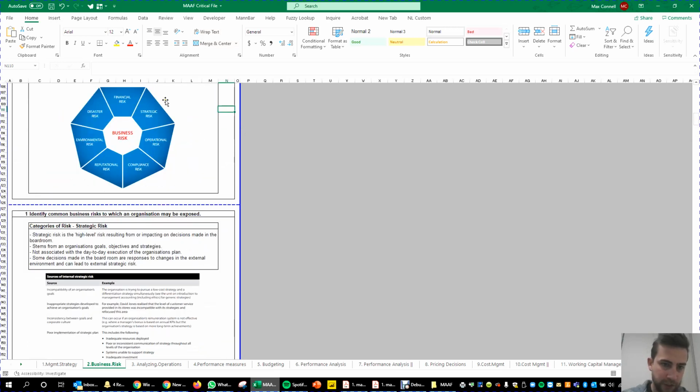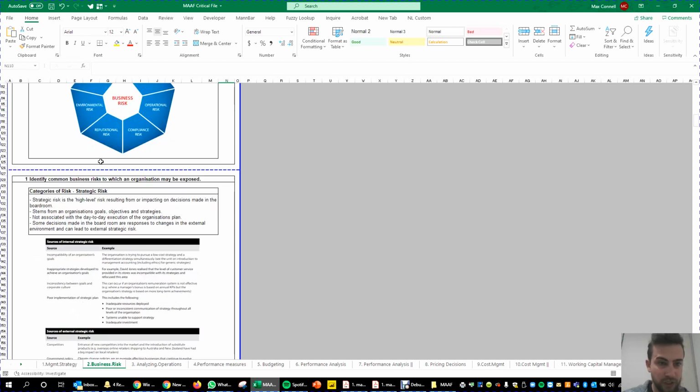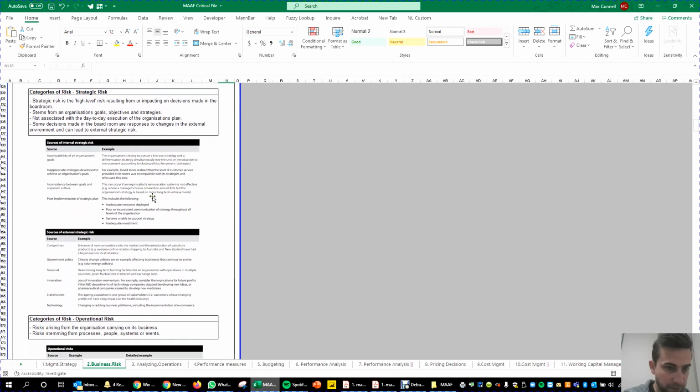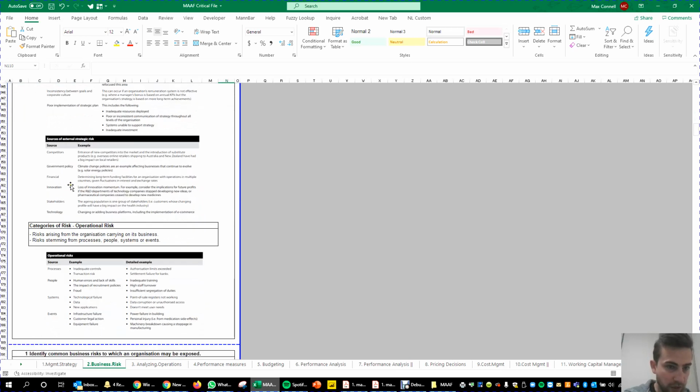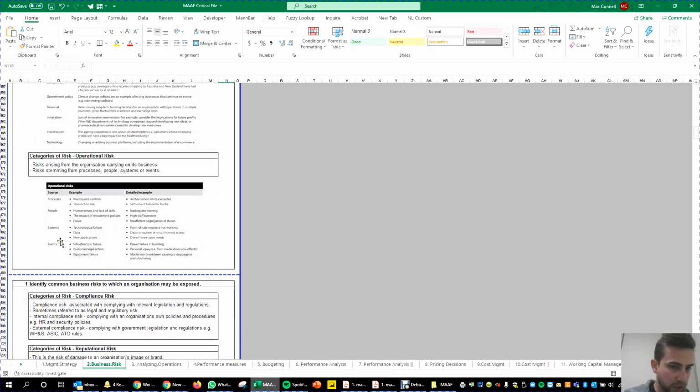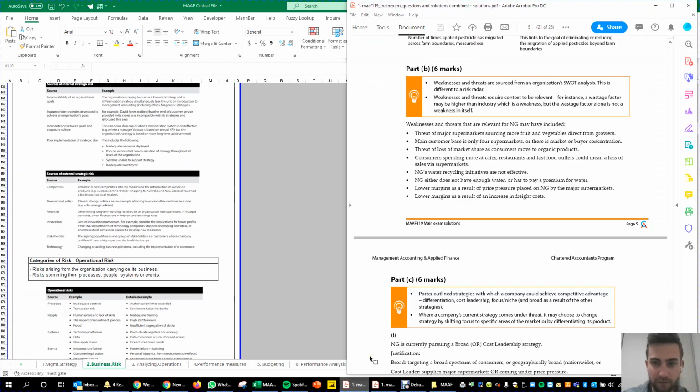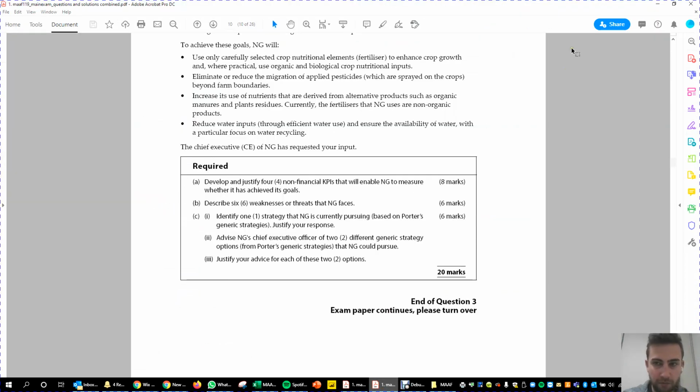So, for example, financial risk, strategic, operational, compliance, reputation, environmental, disaster. And then there's some more specific examples in these notes, for example, competitors, financial innovation, etc. However, in MAAF, generally, it's not something you can really follow a template for.